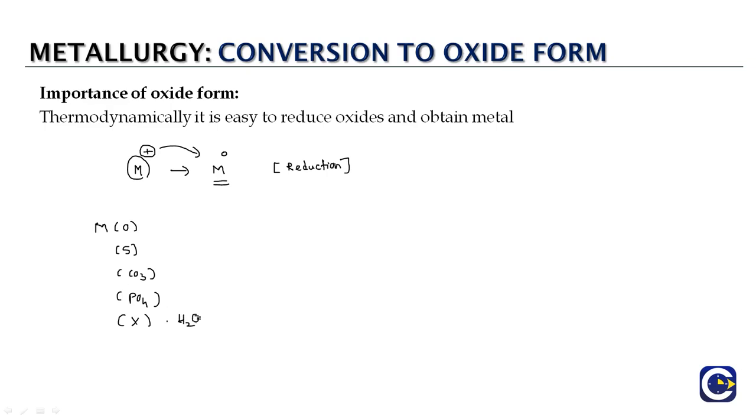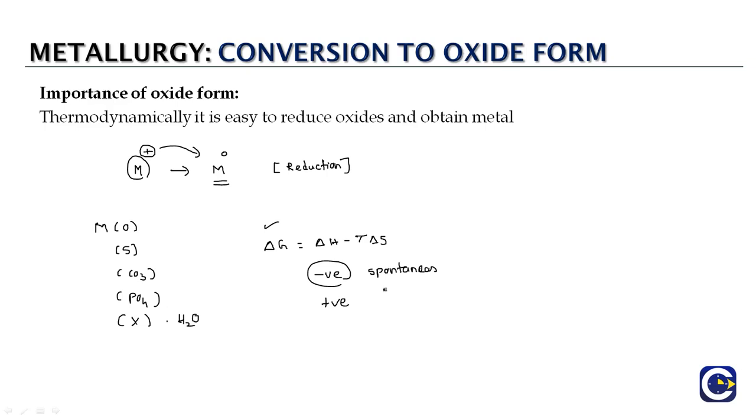Now when we want to get the metal reduced thermodynamically, we look at delta G for the feasibility of the reaction. Delta G equals delta H minus T delta S. For every spontaneous reaction, delta G will be negative, and for non-spontaneous it will be positive.